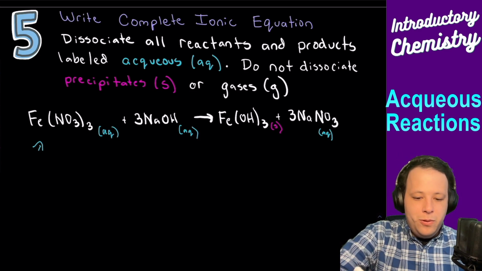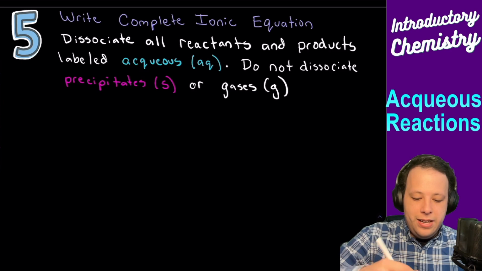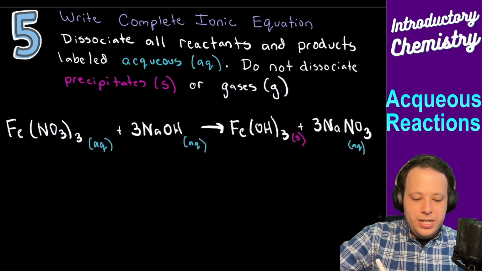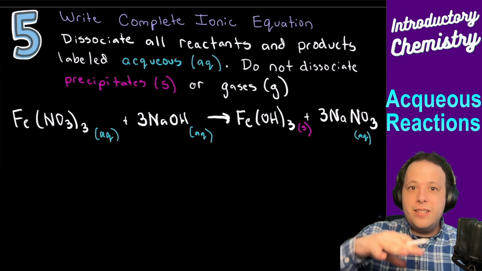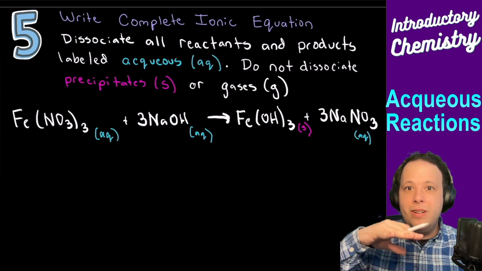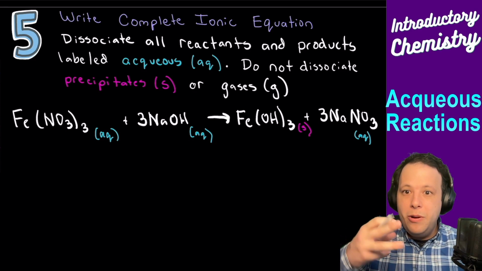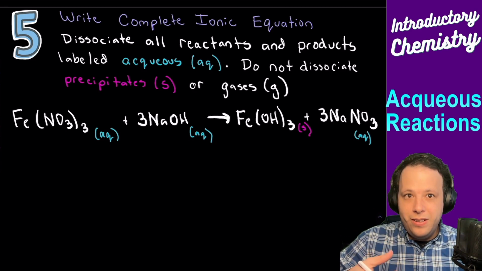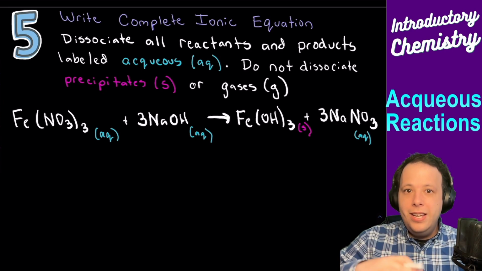So from before, one thing that we could actually see here is that everything on the left-hand side was aqueous, so they're all going to break down into ions. And then we have all of the products, most of them will break down into ions as well, except for anything that has a precipitate or a solid, and a gas.